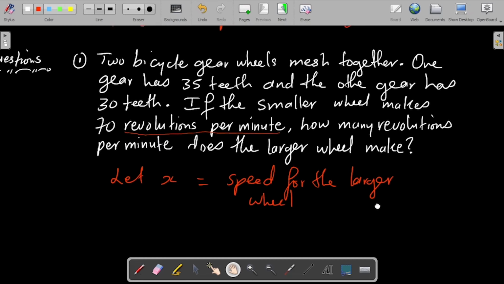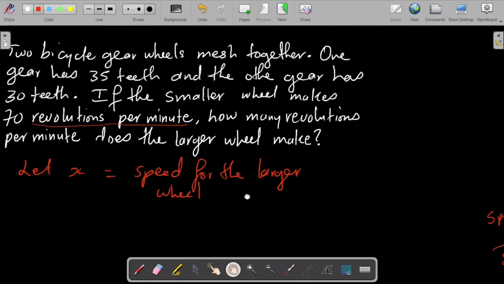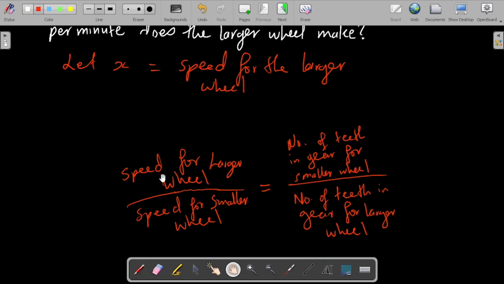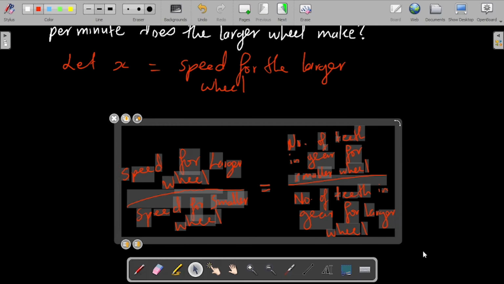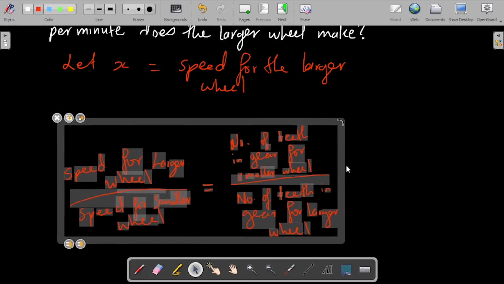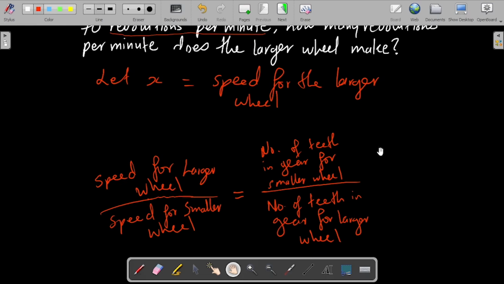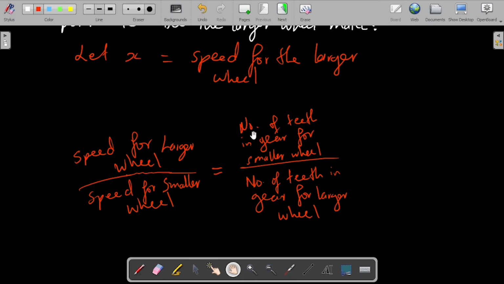Now after doing that, we're going to use a formula, and I have already written it out here. The speed for the larger wheel, we're going to put in the numerator on the left, because that is what we want to find. So the speed for the larger wheel divided by the speed for the smaller wheel equals the number of teeth in the gear for the smaller wheel.